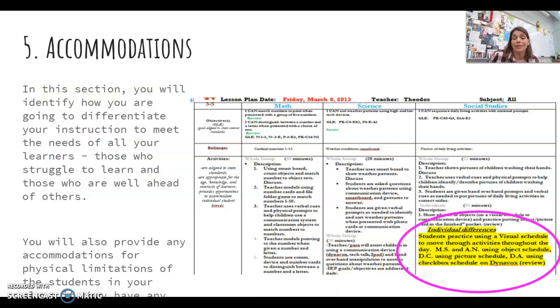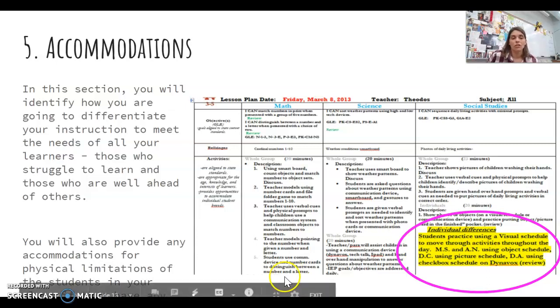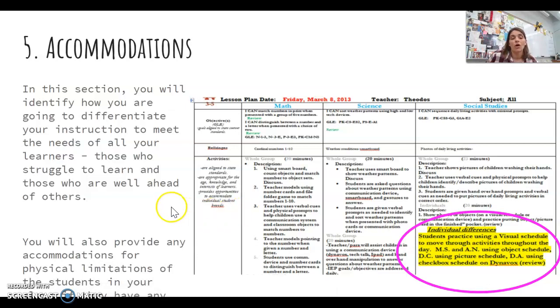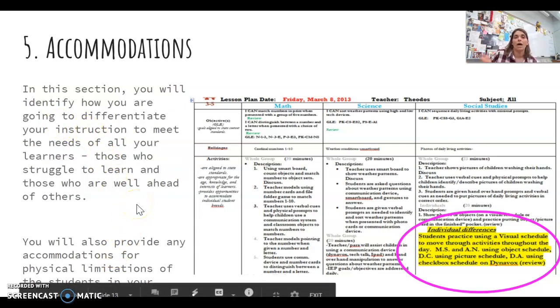You don't have to do it that way, but just make sure you have a plan to differentiate, not just for kids who are struggling to learn, but also those kids who are well ahead of others. They shouldn't always just get the instruction that they need to take out a book and read, or do you have any work left in another class or something like that. If you have a chance to encourage them at a higher level of learning, you really should try to do that.